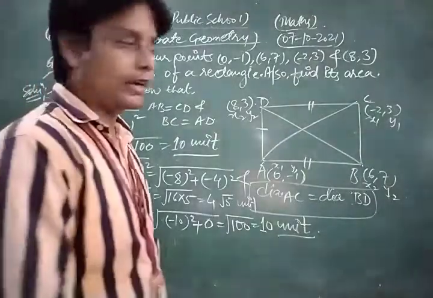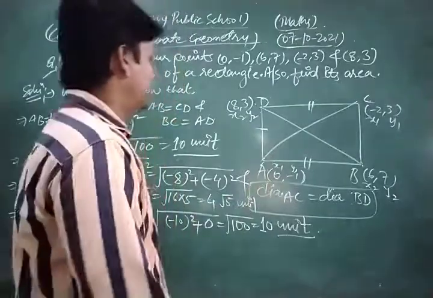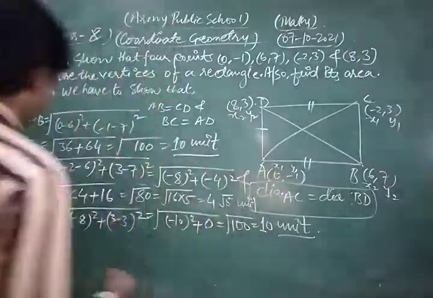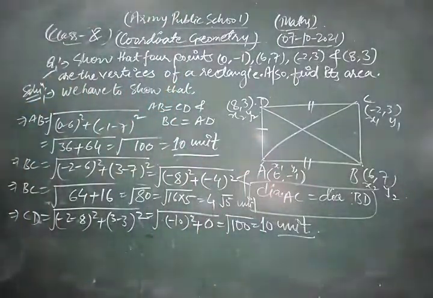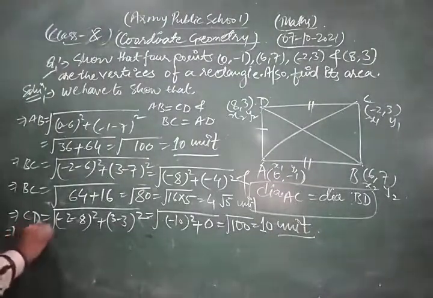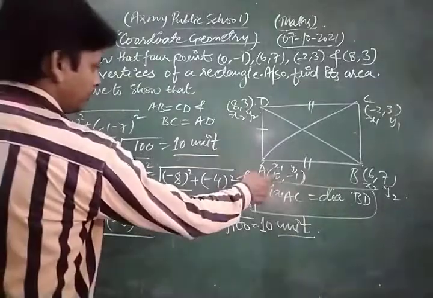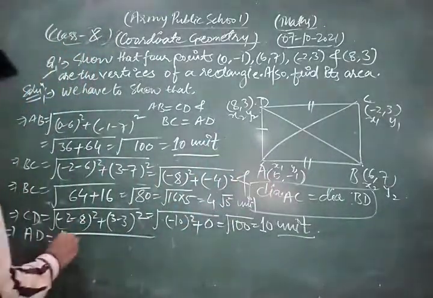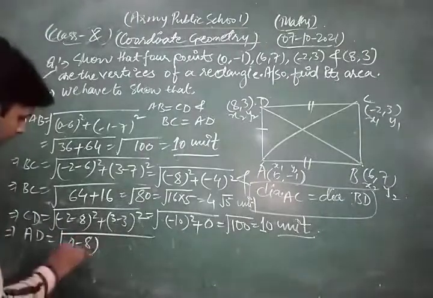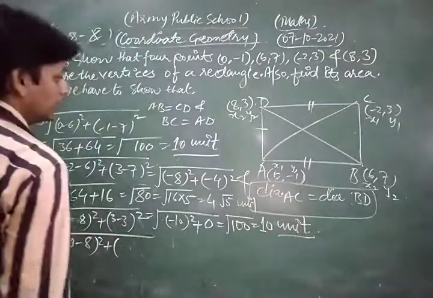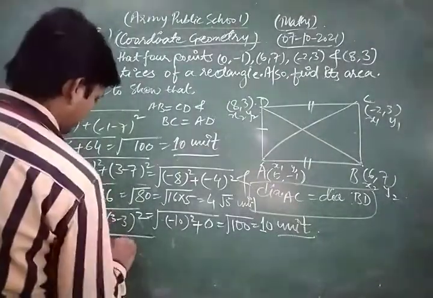Now we also find distance DA. So for DA this is x1 y1, x2 y2. Similarly for distance AD, we again apply the distance formula: x1 minus x2 means 0 minus 8 whole square plus minus 1 minus 3 whole square.